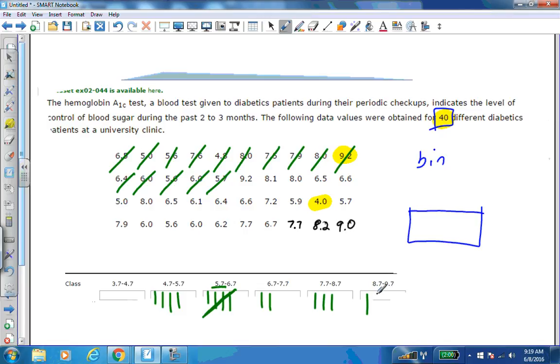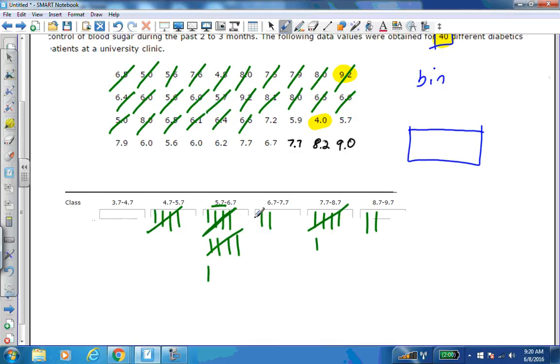And 9.2, 8.1, 8, 6.5, 6.6, 5.0, 8, 6.5, 6.1, 6.4, 6.6, 7.2, 5.9, 4.0, 5.7. 5.7, that's one of those boundary items.